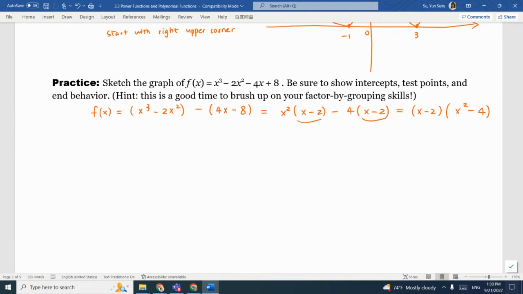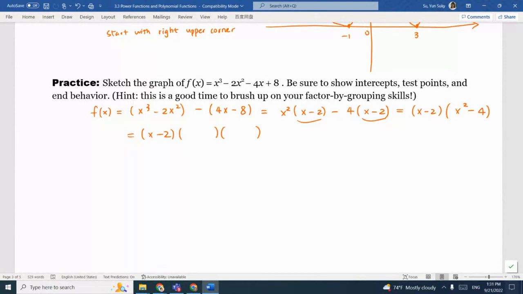Yes. Can we factor x squared minus 4? Do you remember a squared minus b squared is a plus b times a minus b? So what is x squared minus 4? x plus 2 and x minus 2.